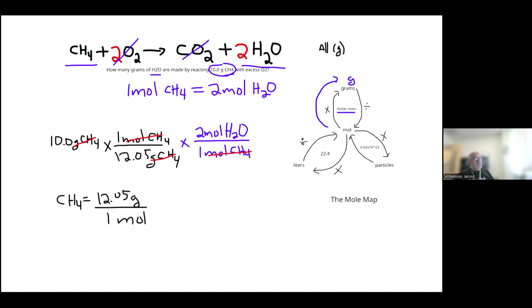When I look up the molar mass of water on the periodic table, that's going to be 18.02 grams per 1 mole. Let's do that in a different color because I feel like it. Times 1 mole of water.